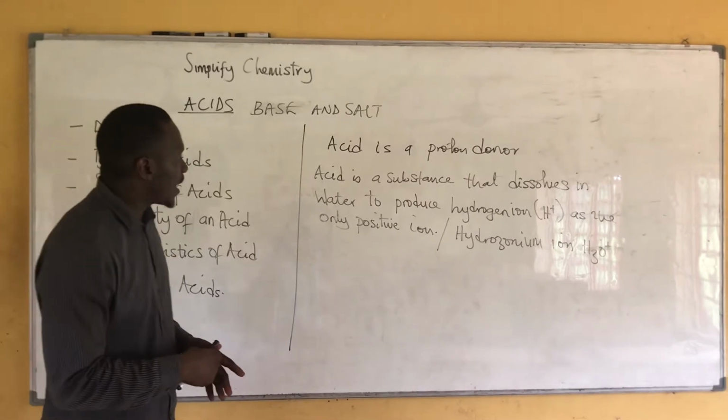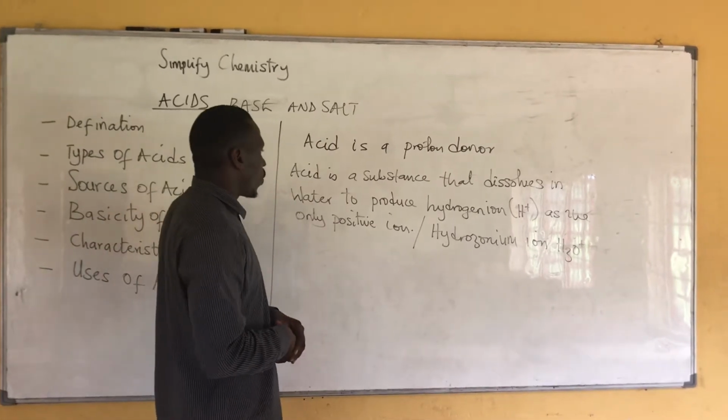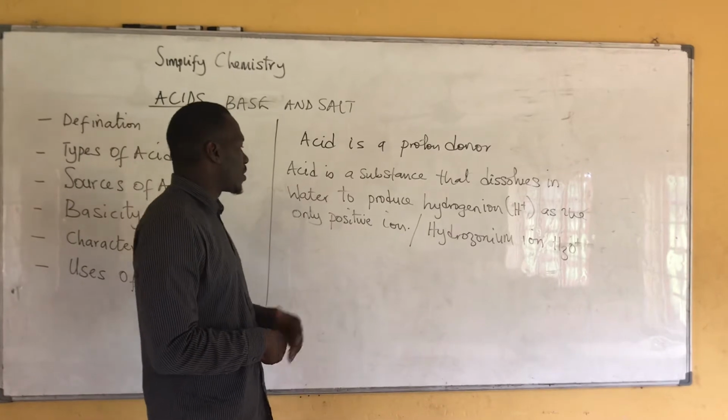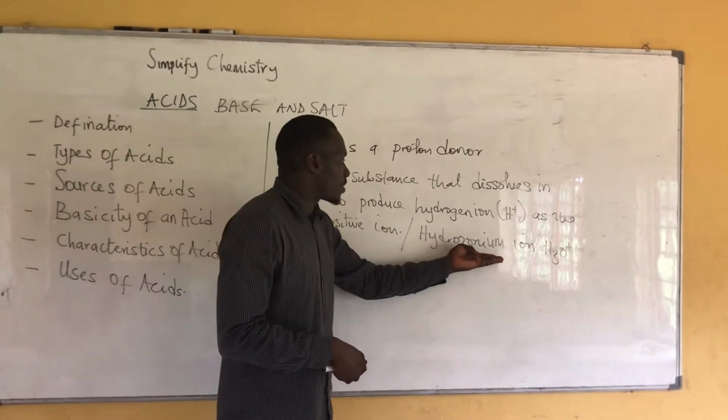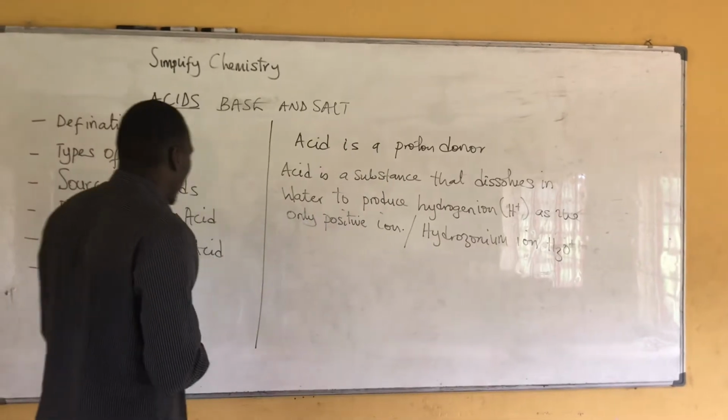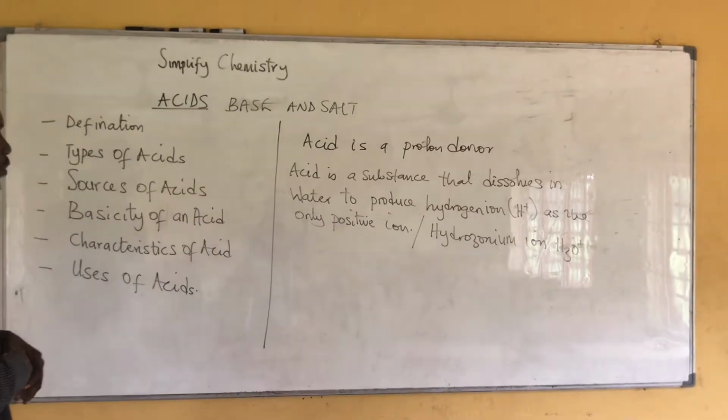Acid, we say, is a substance that dissolves in water to produce hydrogen ion as the only positive ion, or the only positive hydronium ion that it produces. This is what they produce in water.